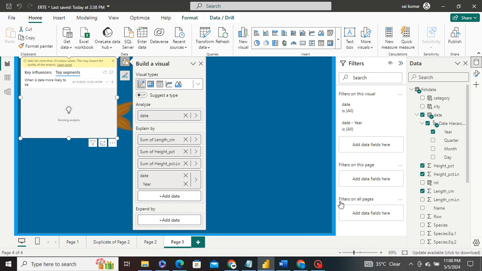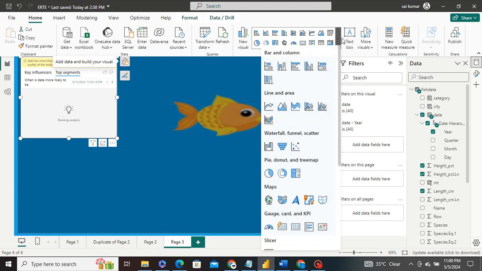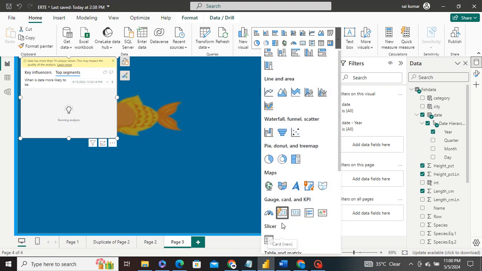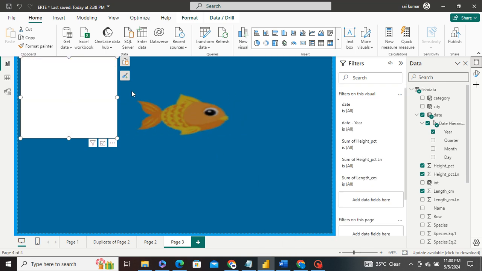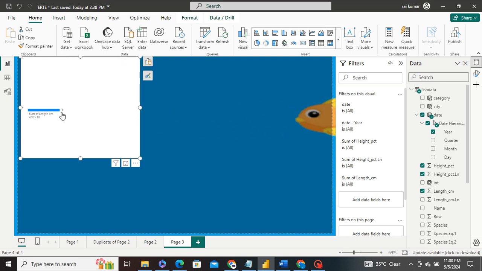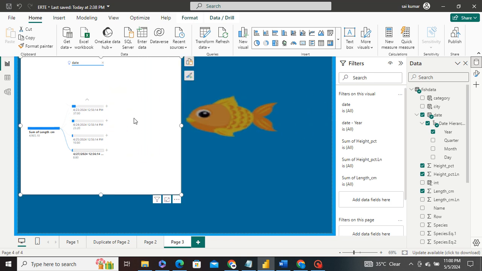Next, decomposition tree. The decomposition tree visualization enables users to break down a single metric or measure into its underlying components or factors. It provides a hierarchical view of the data, allowing users to explore how different dimensions, such as product categories, regions, or time periods, contribute to the overall value of the metric.